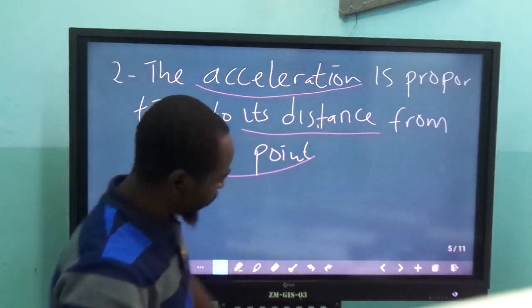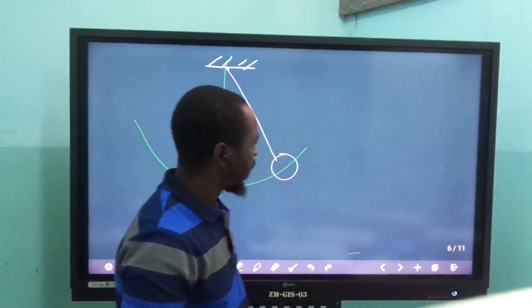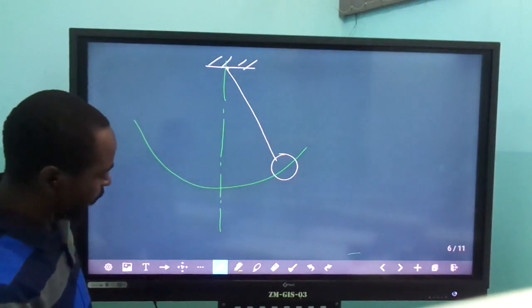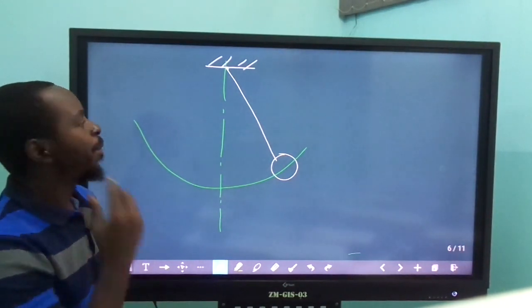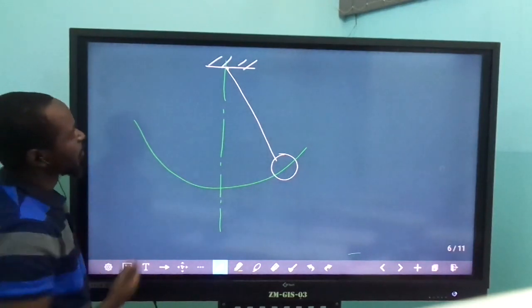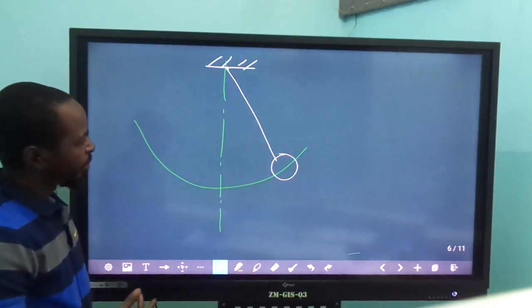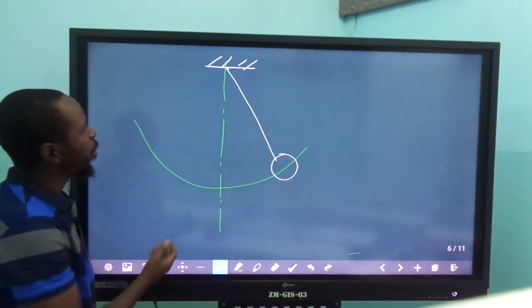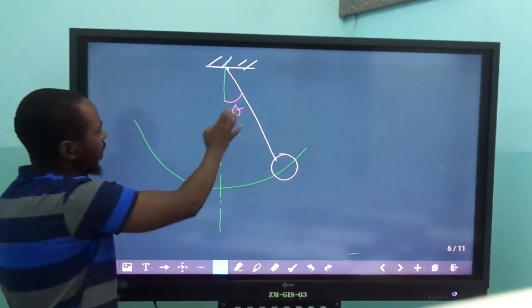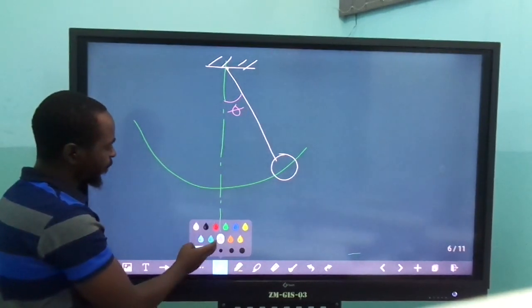Now, to explain the two conditions which must be satisfied for a periodic motion to be simple harmonic, let us consider a simple pendulum. I'm pretty sure we are well acquainted with a simple pendulum.